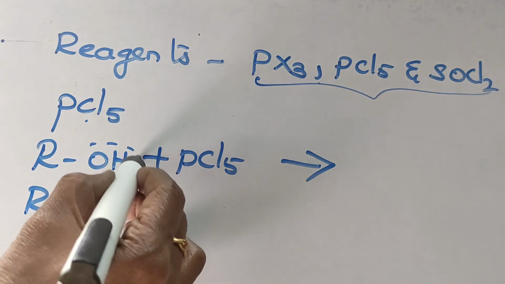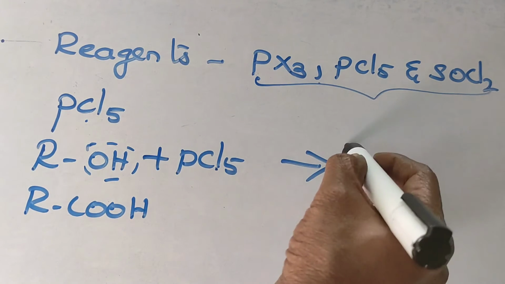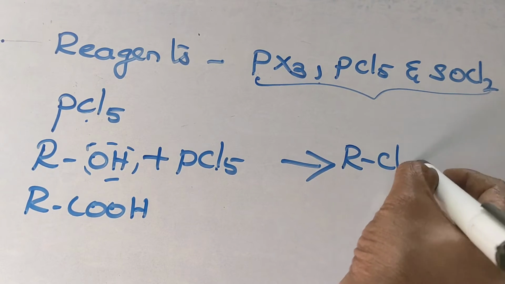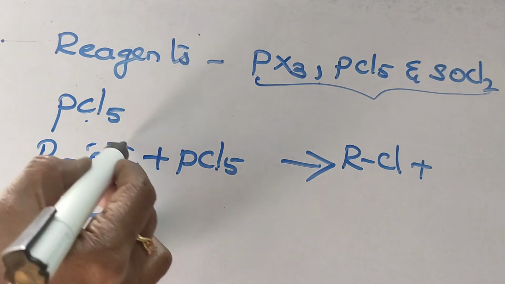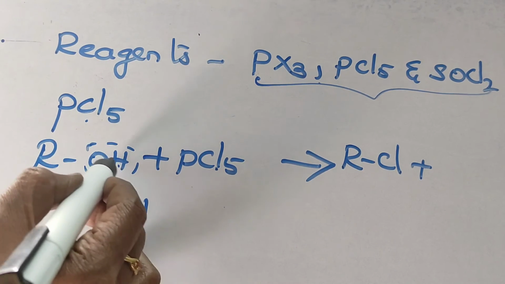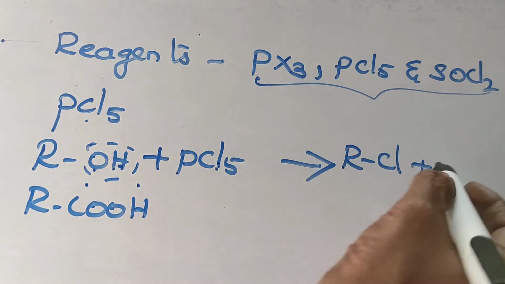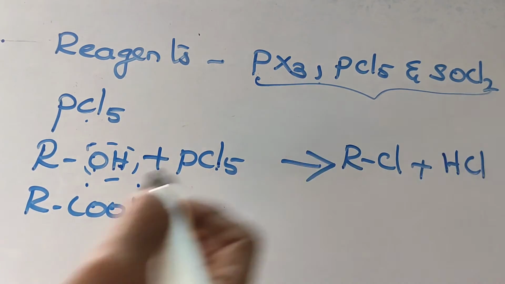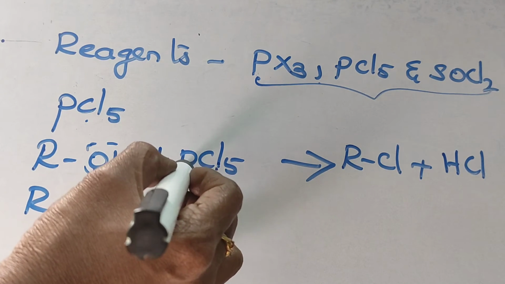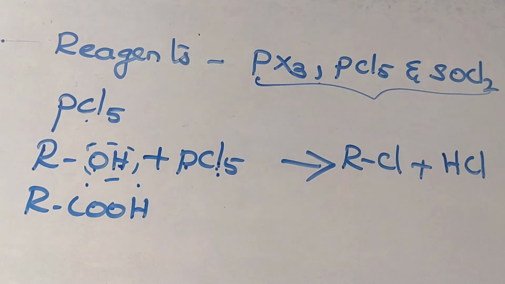As usual, this OH is going to be replaced by Cl. So RCl plus this OH, you divide into O and H. That H will be added with this HCl. Then P and 3 Cl are pending. Here one O is pending. So POCl3 is the product.